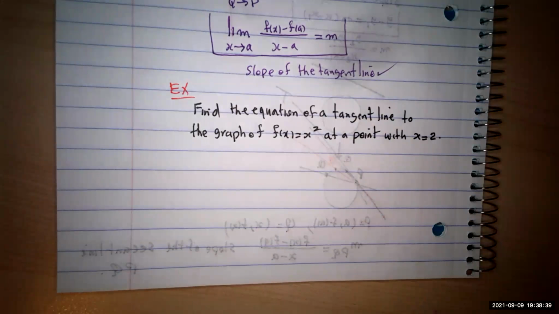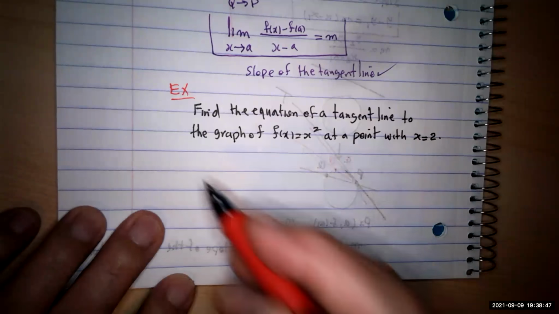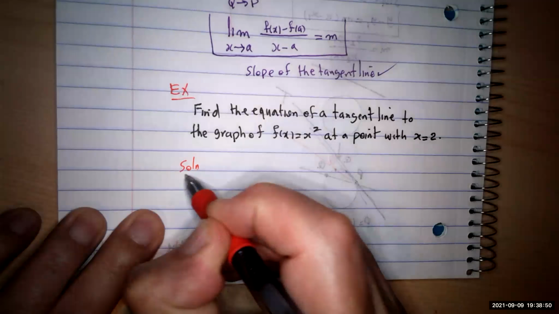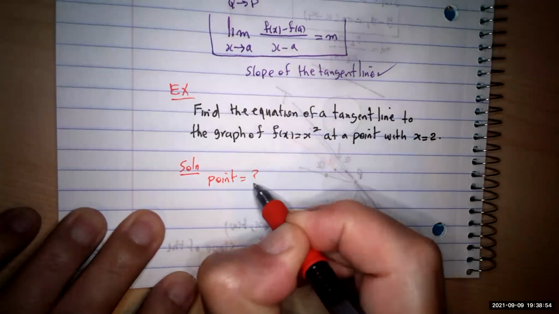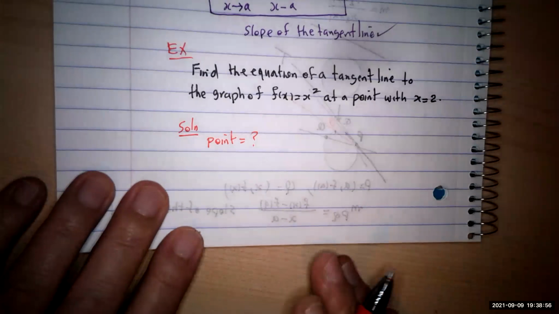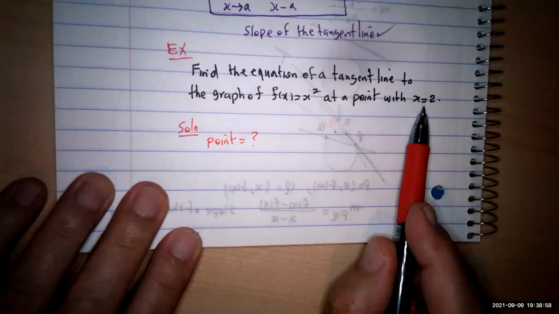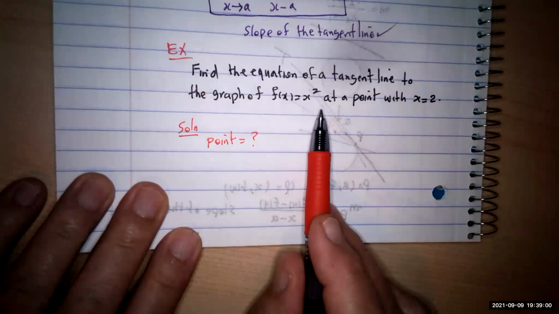Okay, so in order to do it, we just do exactly as we talked about. We need a point and the slope. So solution: you need a point. What is the point? The point would have an x and a y coordinate. x is given to you. Drop it into the function, then you get the y.